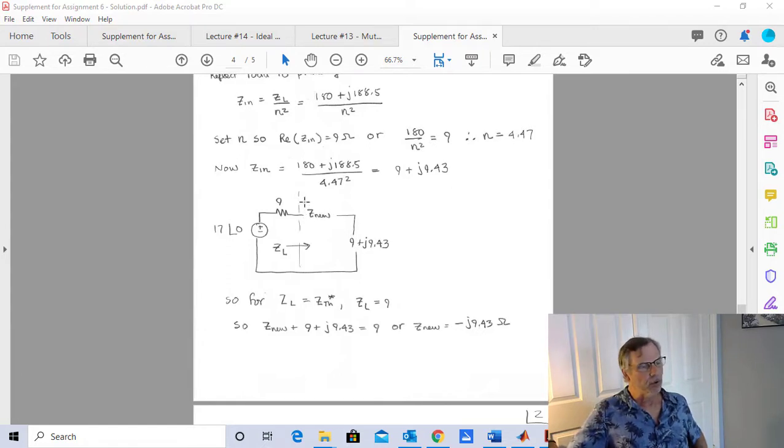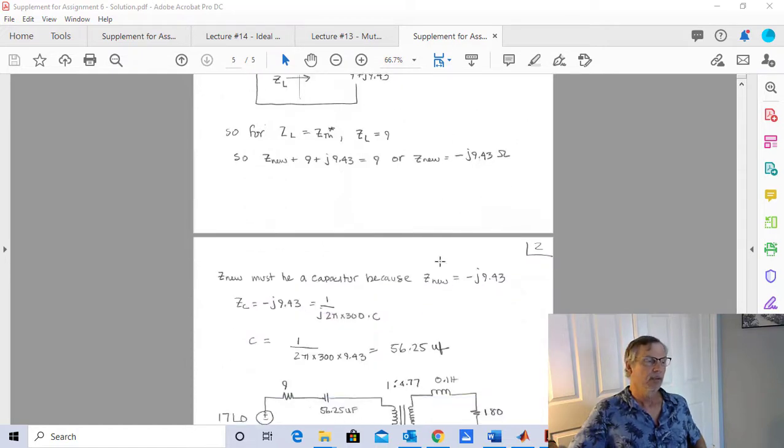So in order to make everything to the right of the dotted line look like just 9 ohms, I need to put something here that is minus J 9.43, or Z nu equals minus J 9.43 ohms.